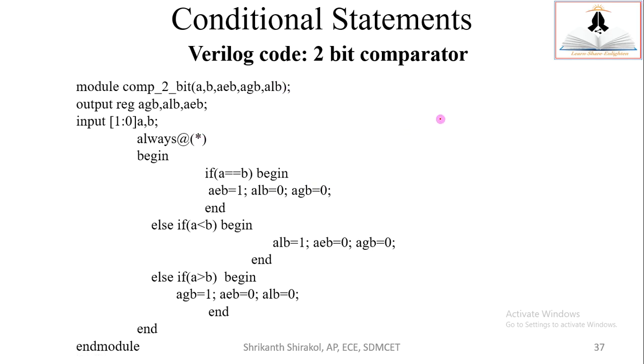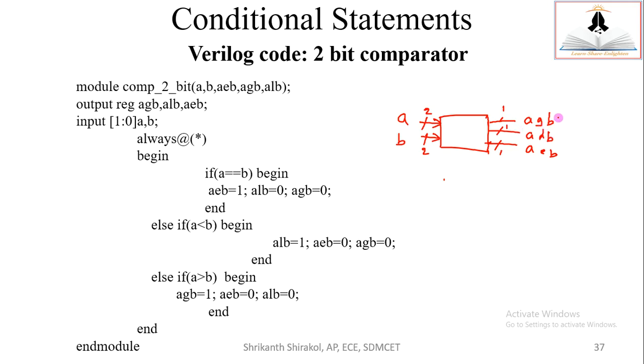So if I want to show you the block diagram of this 2-bit comparator, you have A and B, which is of 2 bits and 2 bits, and you have 3 outputs, which is of single bits. This is A greater than B, A L B means A less than B, A equal to B, right?